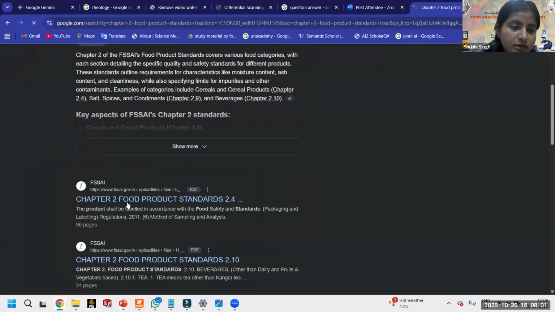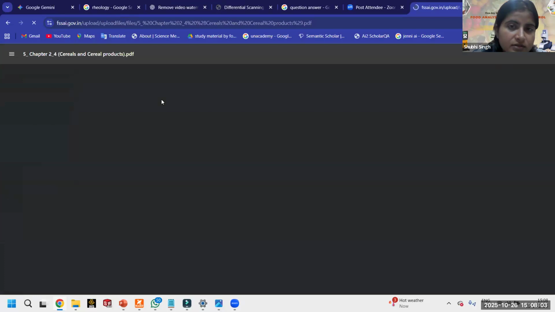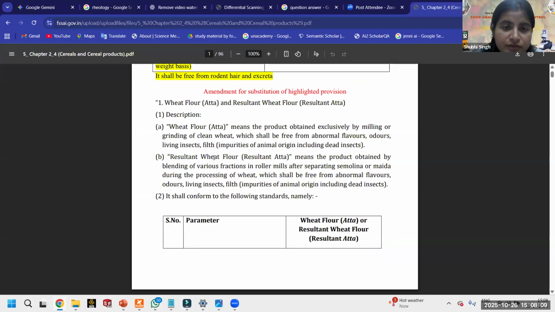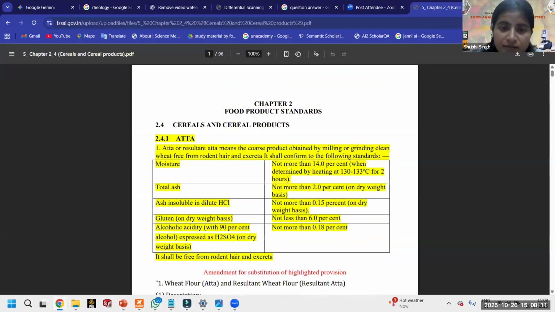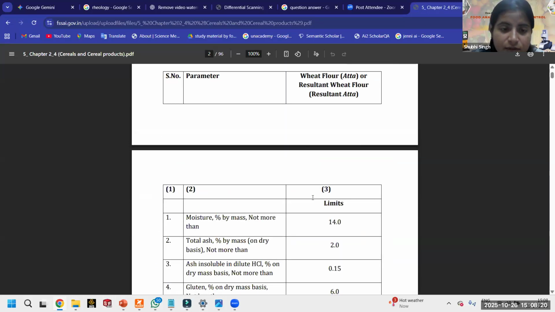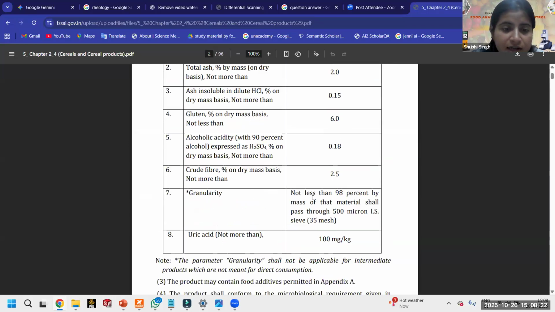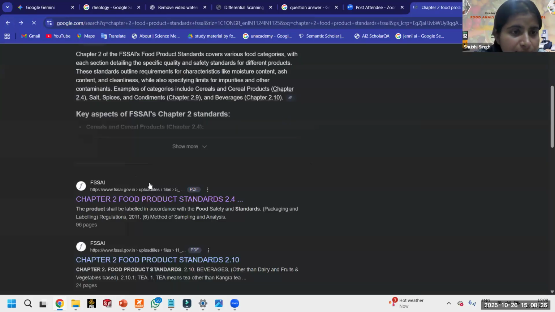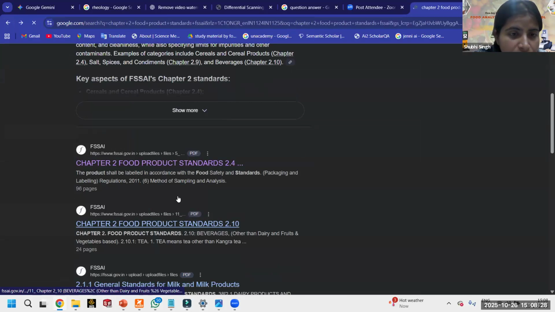Okay, so this chapter provides detailed knowledge about different types of food products and what should be the standard. Suppose for atta, for flour. Similarly, you can find for fat, oil, and emulsions also. There is another chapter for fat, oil, and emulsions.